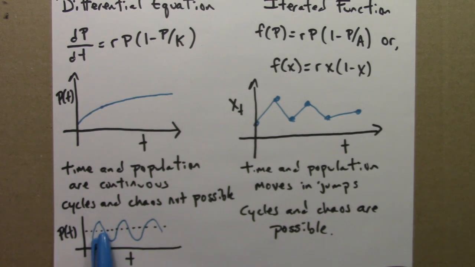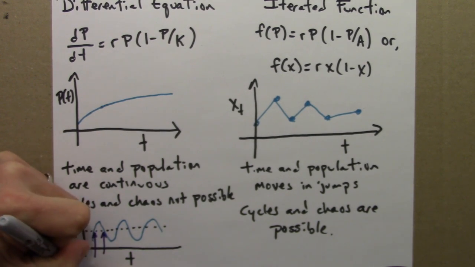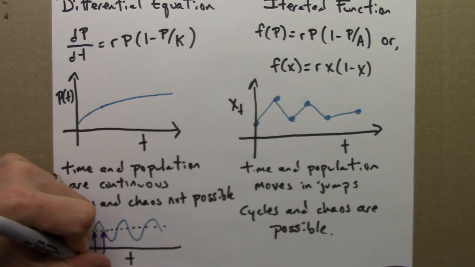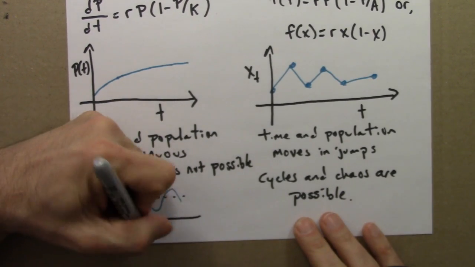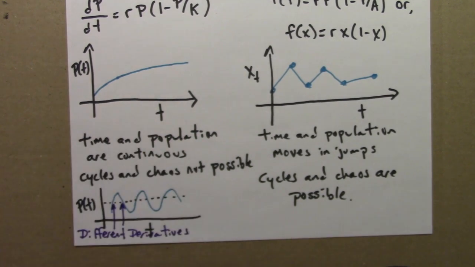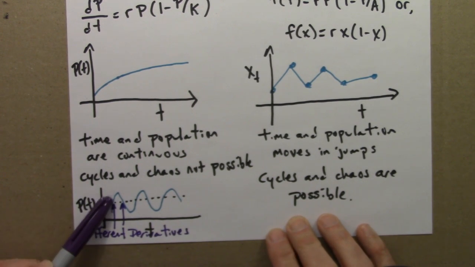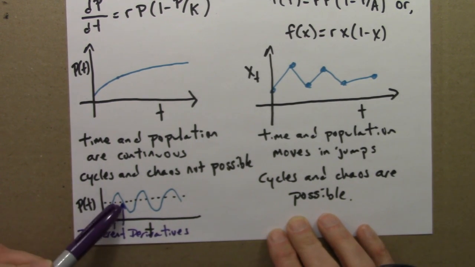Over here, when the population is going back down, the population is decreasing, so the derivative is negative. So at these two points, here and here, there are different derivatives. At the first purple arrow, the function is increasing, positive derivative. At the second arrow, the function is decreasing, negative derivative.